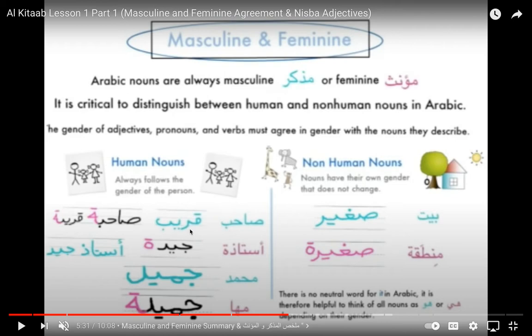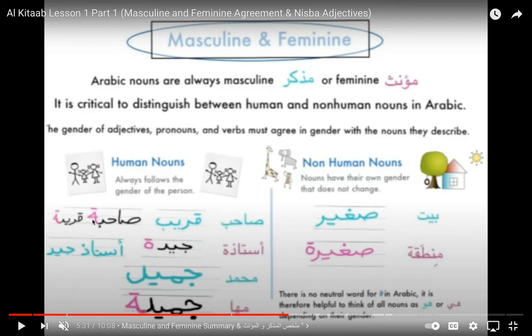If I wanted to talk about a female friend, we can, because we are talking about human nouns. So instead of saying صاحب, I would say صاحبة قريبة. You see that the noun صاحب, now we added a ta marbuta. What does it mean, ta marbuta?